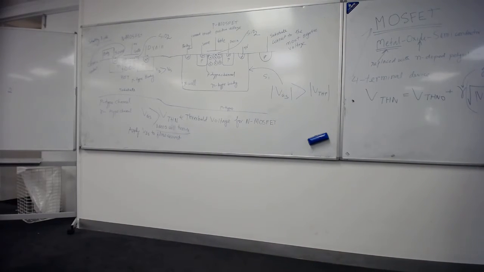You might ask me the question, what is gamma? Gamma is a parameter from the construction, so we don't really need to know it. Then phi F is a potential, the Fermi potential, which I will show you a little later. It's not very important to know either, just a physical parameter.